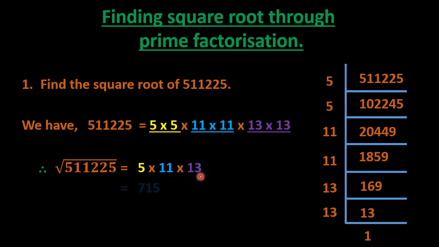Now we multiply and we get 715. So this is our answer. Therefore, the square root of 511225 is 715. This is how we find the square root by the prime factorization method.